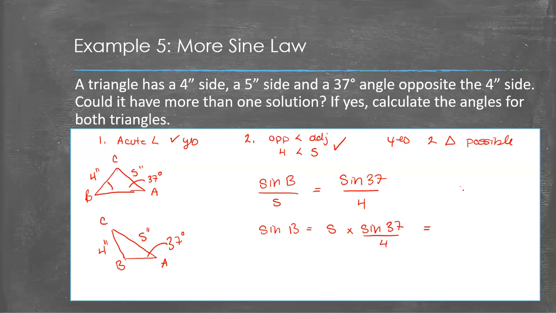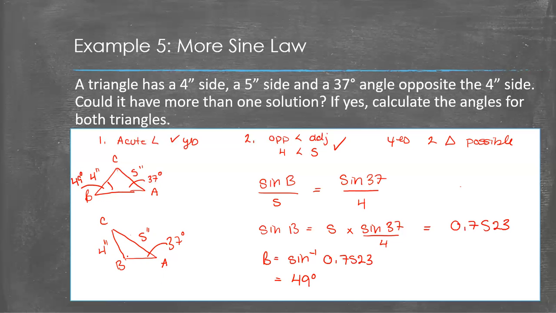Putting that into your calculator, you'll get 0.7523, and B is going to be the inverse sine. So we're finding that angle. That's the shift sine option, and you will find B is 49 degrees. So this would be 49 degrees.